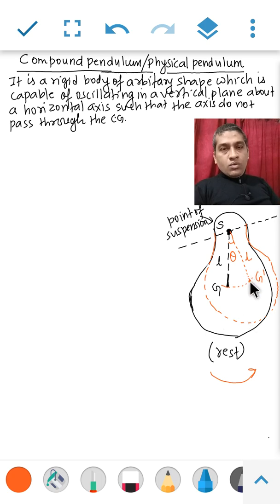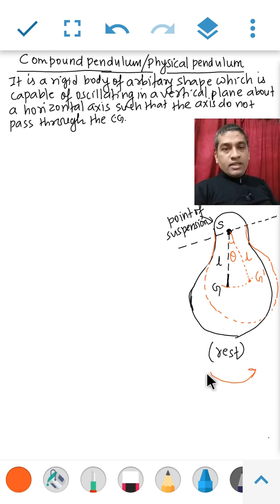Now once we remove the external force, then due to restoring torque, the pendulum tries to come back to its original position. So we need to find the restoring torque. Clear?